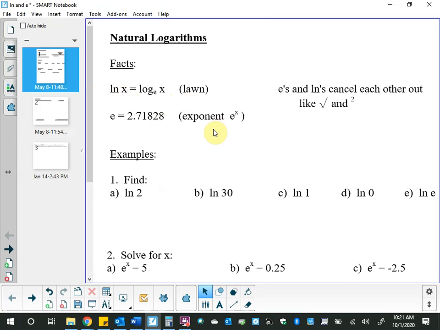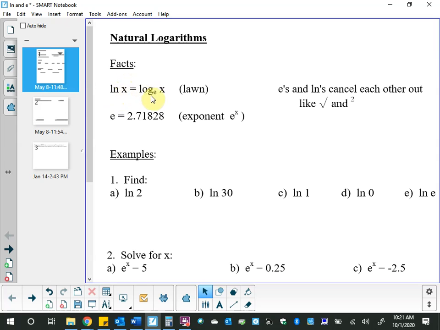So just like logarithms, you have to actually take the natural logarithm of something. So you can't just have ln equals. It would have to be ln of something, and either a number or a letter would be sitting here.